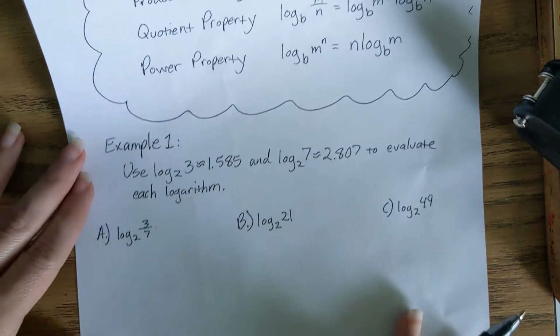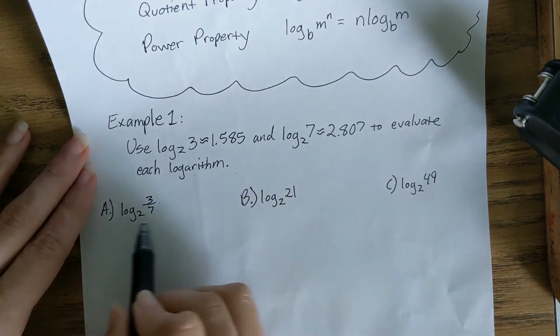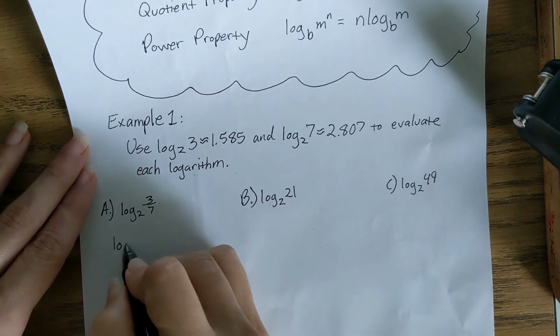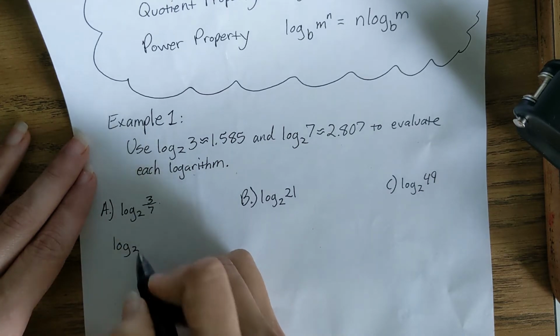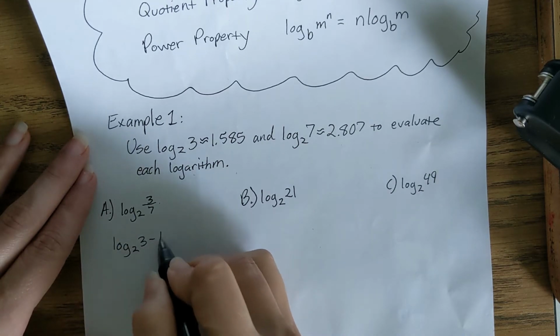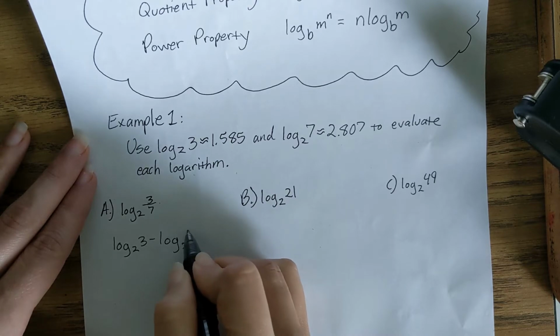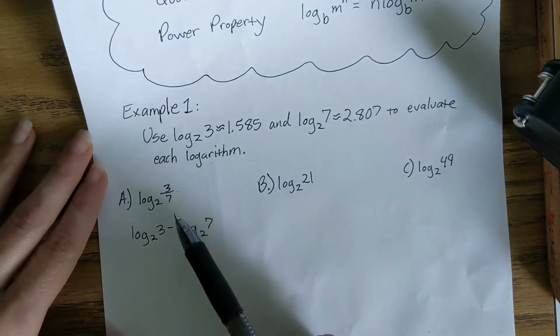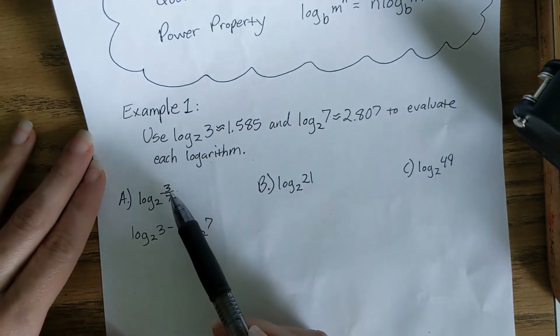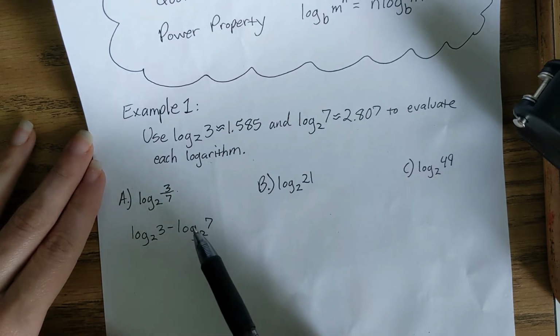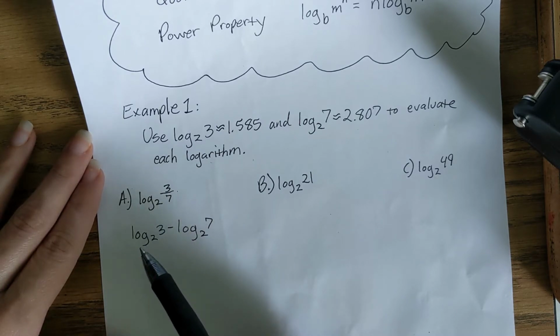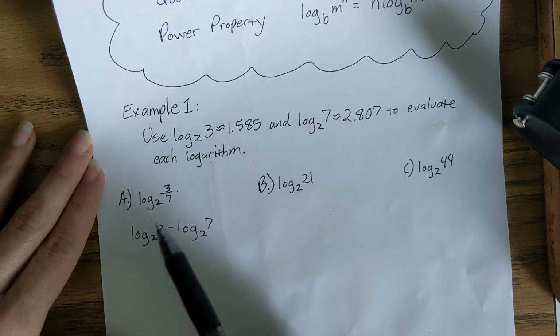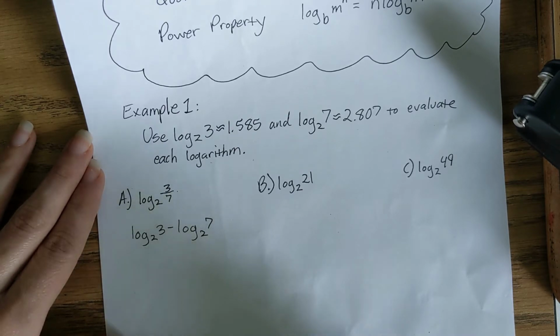We're going to do that here too. So I can expand this into log_2 3 minus log_2 7, right? Because if we're dividing, we can break that up into a subtraction problem by putting the log twice in front of each of these numbers. The top number goes first, the bottom number is second, right?